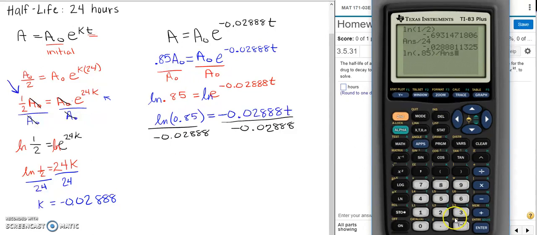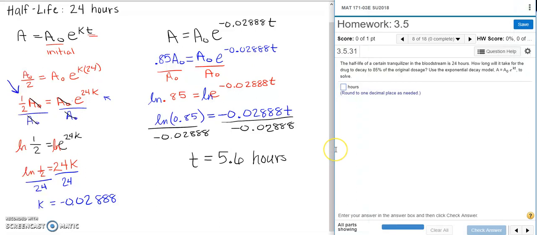So I use the answer button. And that way it uses the whole answer, but I didn't have to sit there and retype the whole thing. So this says t equals 5.6 hours. And I'm rounding to 1 decimal place because this says to round to 1 decimal place.